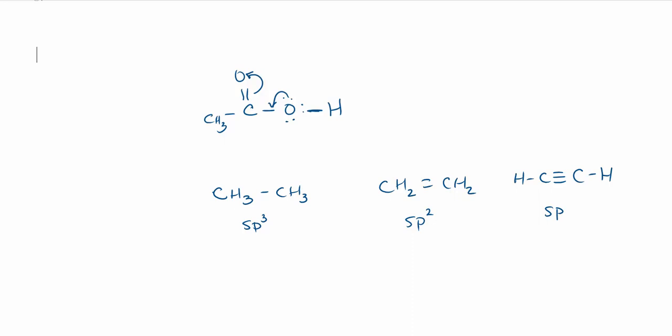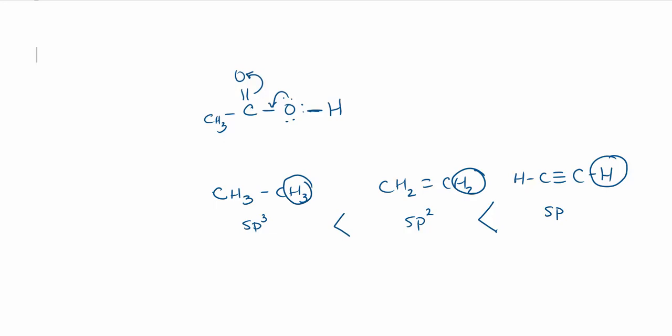Now, the less hybridized you are, so the more s character you have, the more acidic the hydrogen becomes. So an sp hybridized bond here will be more acidic than an sp2, which will be more acidic than sp3.